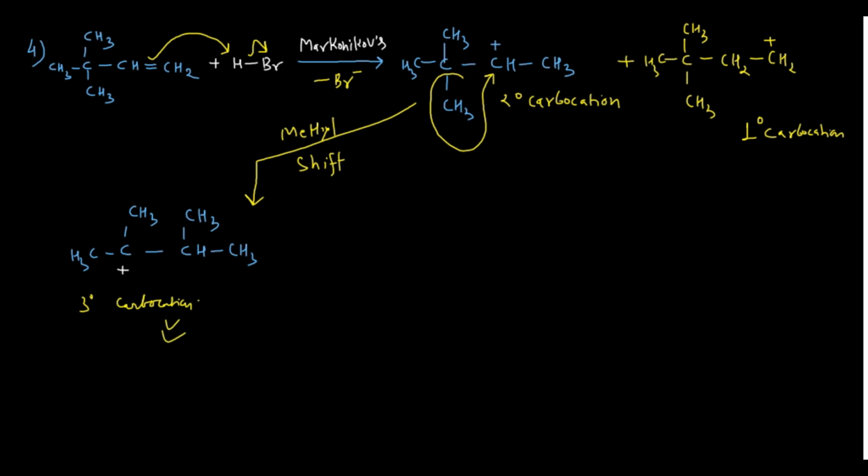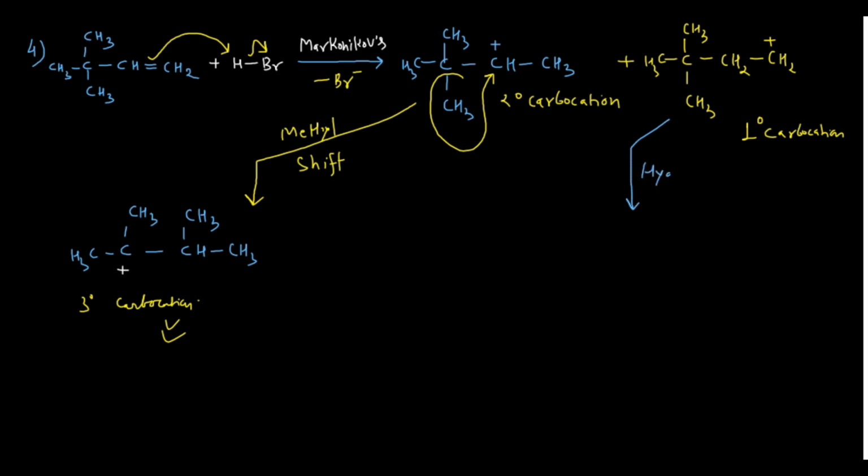And here you can see this is a primary carbocation. So is there any chance for this carbocation as well to convert into a more stable carbocation? Let us examine whether this can happen or not. So what can happen in that case? Here a hydride shift will take place.